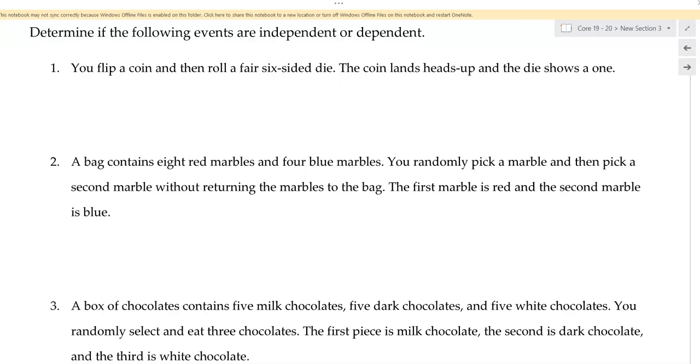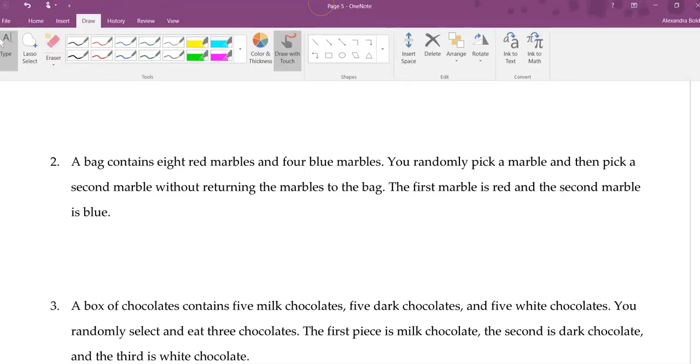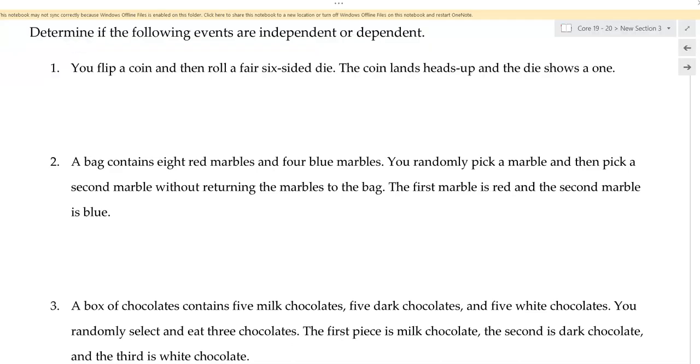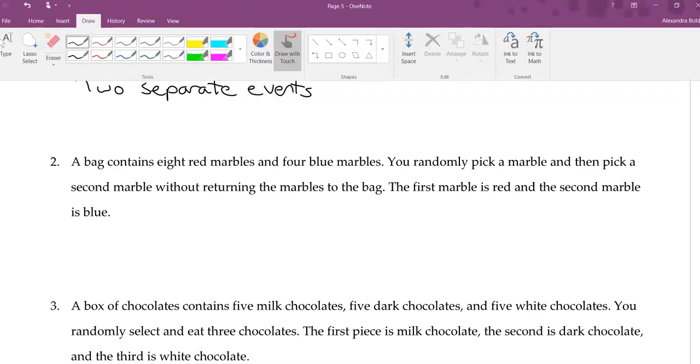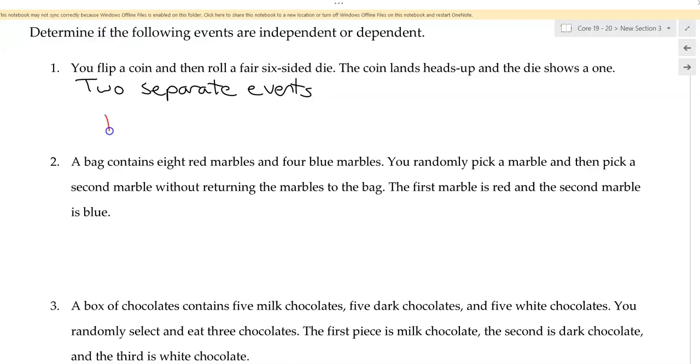Okay? So this is 2 completely separate events. And so therefore it is independent. Basically a lack of a keyword, if it just says and, okay, then it will be independent.